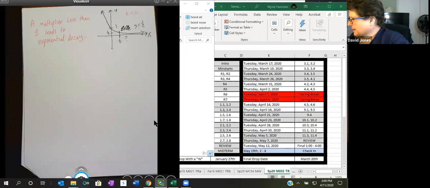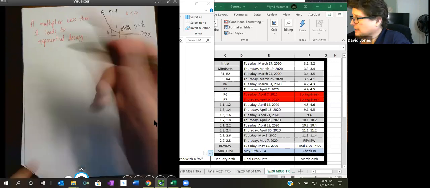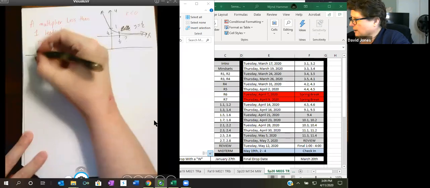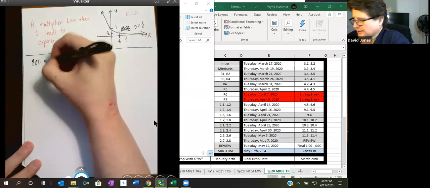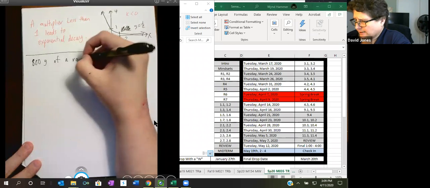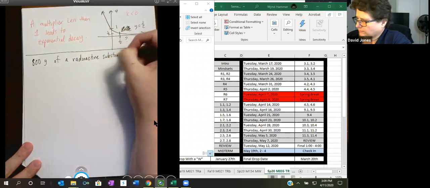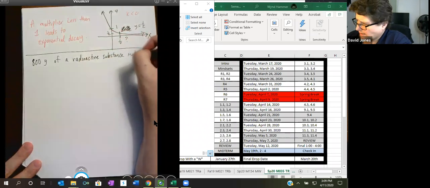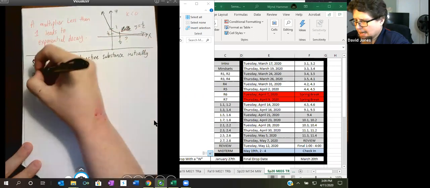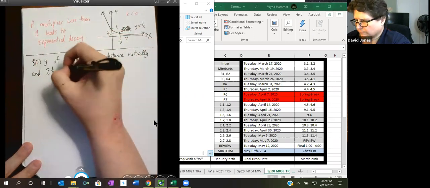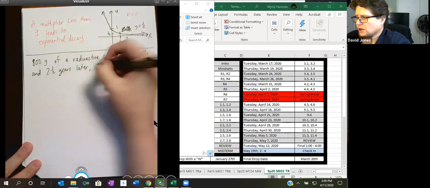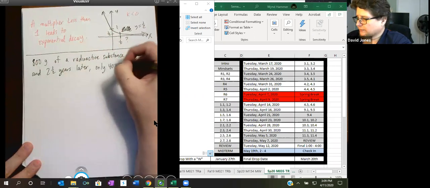So let's see if I can find a good problem with that. So decay, we'll look at a decay one. Let's say we have 800 grams of a radioactive substance initially, and 2.5 years later, only 400 grams remain.